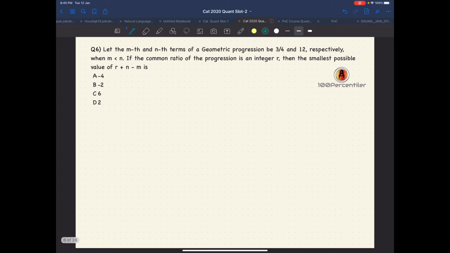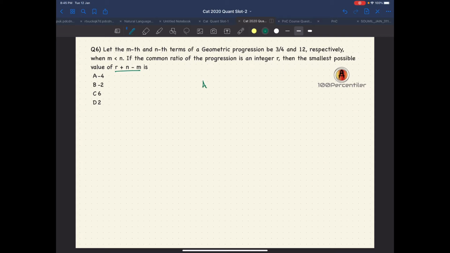Now here we are given the mth and nth terms of a geometric progression are 3 upon 4 and 12, where m is less than n. If the common ratio of the progression is r, then find the smallest possible value of r plus n minus m. So here we are given the mth and nth values as 3 upon 4 and 12.